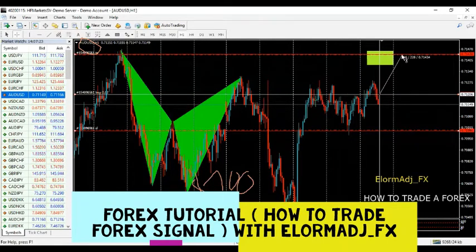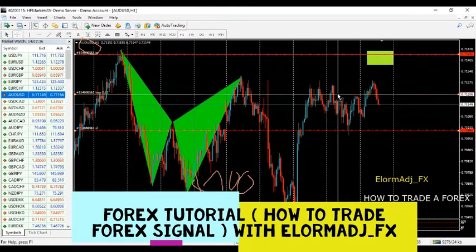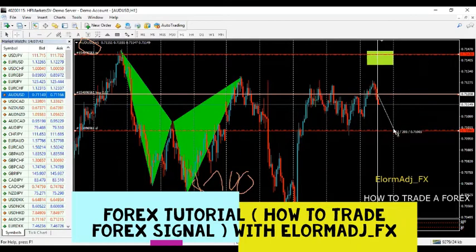For those who are lazy, you measure the number of pips. So looking at it, the number of pips for the TP is, let's say, 23 pips. And the number of pips for the stop loss is 21.